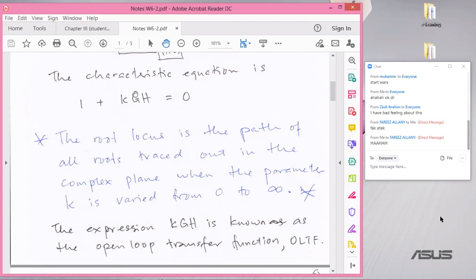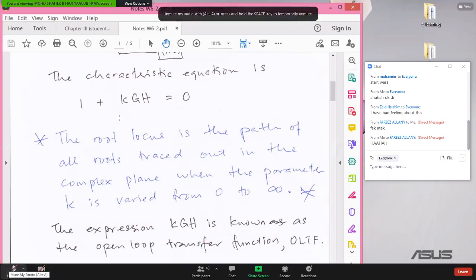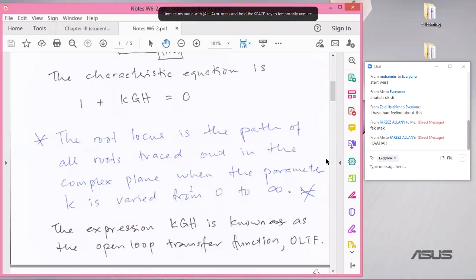The root locus tells us the location of all roots on the complex plane when k is varied from 0 to infinity. Why is that important? We are going to talk about the usage of the root locus diagram after we learn how to draw it. We're going to delay that discussion.